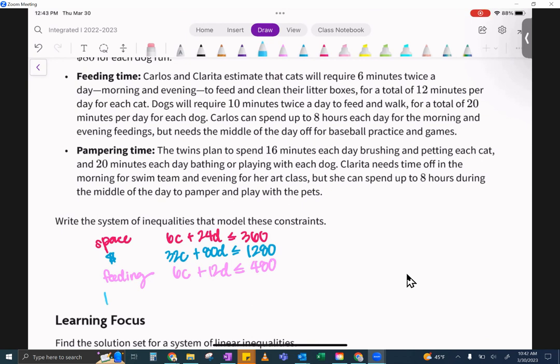And then last but not least, we have pampering, which was 16C plus 20D is less than or equal to 480, right? So this was our system of inequalities. This is all of our constraints put together. And when we think about constraints, we think we have to meet these. And so Carlos and Clarita have all these different combinations that could possibly work based on their constraints.